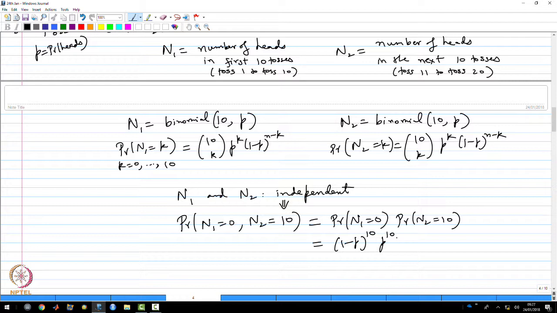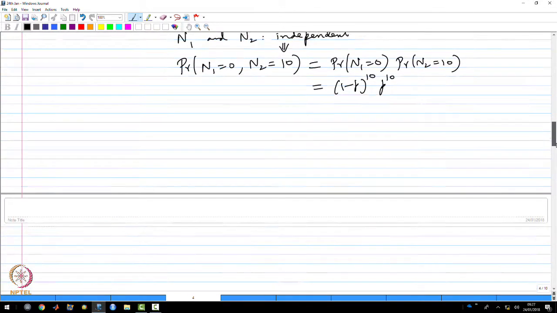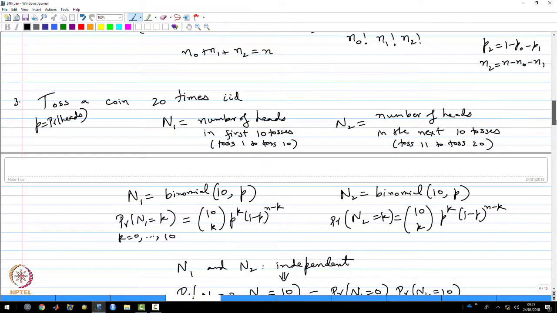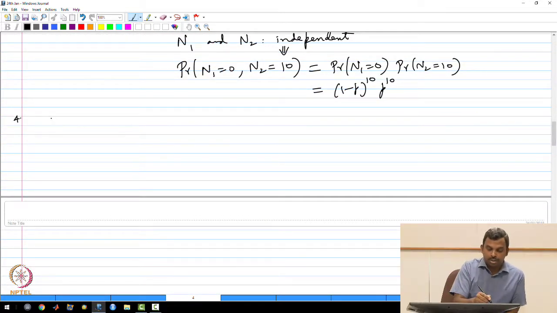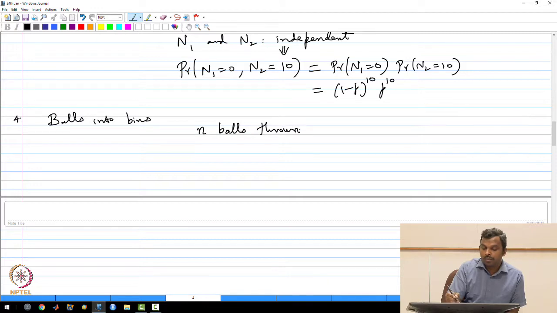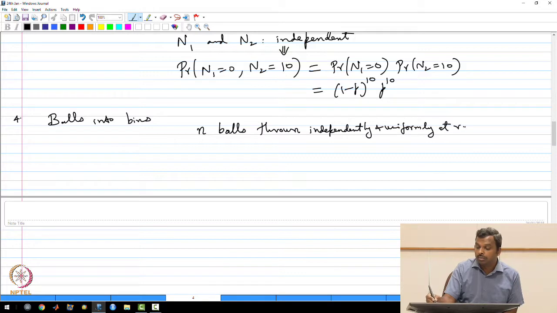Okay, so let me do one more example of how this IID repetition comes in and how it's useful. We've been talking about this balls into bins experiment a lot. So let's say we consider n balls thrown independently and uniformly at random into m bins.